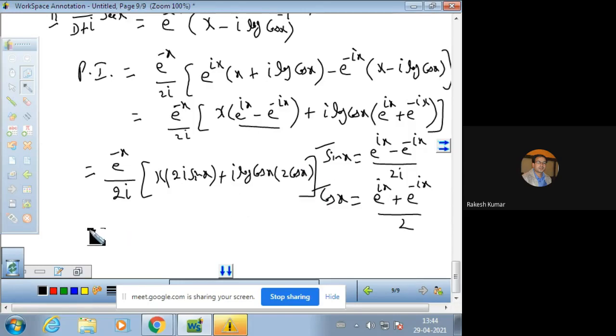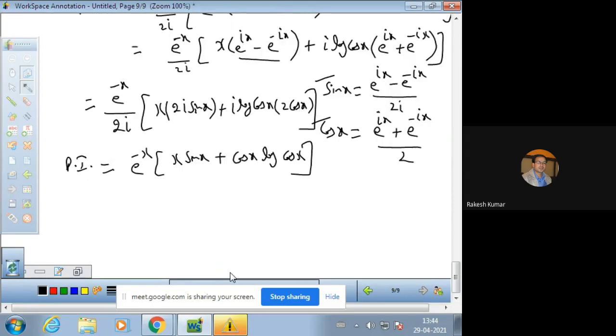So 2 can be taken common and cancelled here. Iota can be taken common and cancelled with this. So you will have e raised to power minus x, x sine of x plus cos of x log cos of x. So this is the particular integral we have.